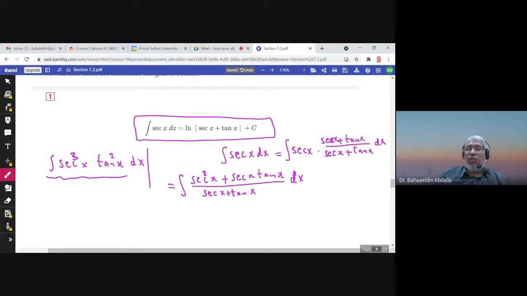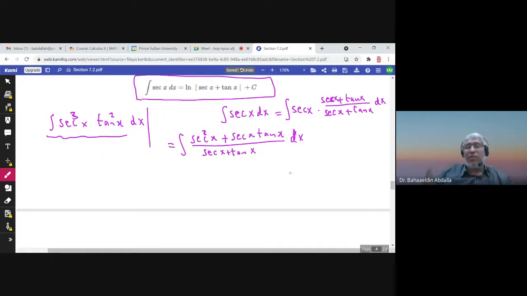Now, if you look at the denominator, the derivative of secant is secant tan, and the derivative of tan is secant squared. So I can take u as secant x plus tan x, the denominator, and du would be the derivative of secant, which is secant tan, plus the derivative of tan, which is secant squared, times dx.